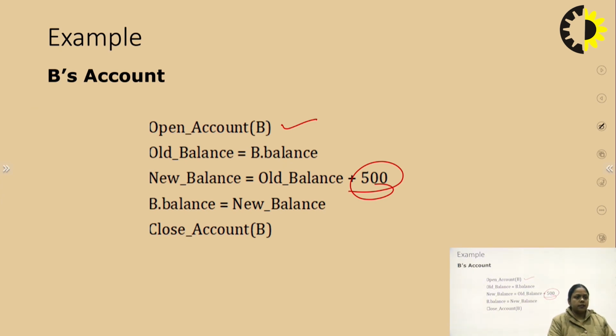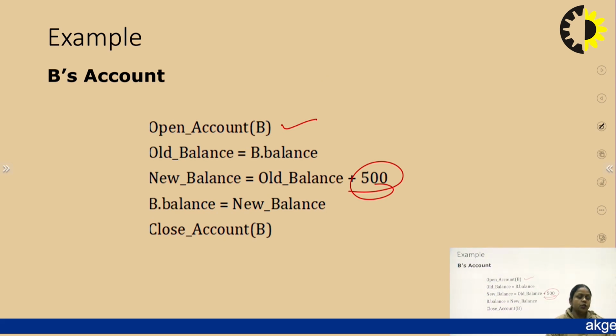So in this case we have seen an example of a transaction where we transfer some amount of money from one account to another account. So there is a set of operations performed in the transaction. We can say a transaction is a unit of work performed by a set of operations.